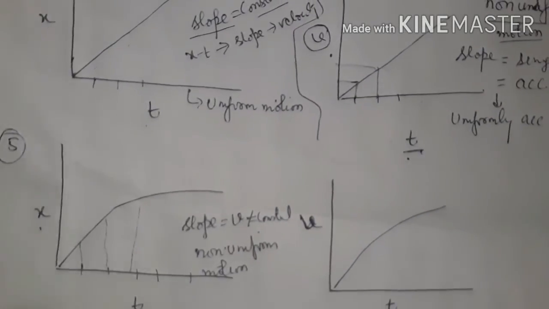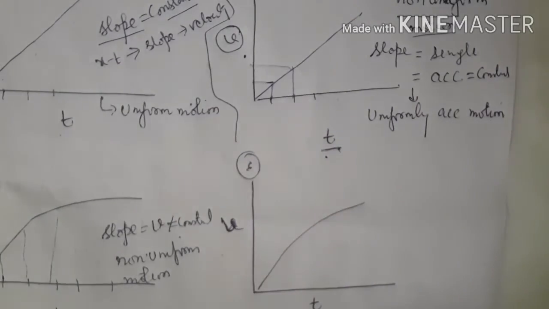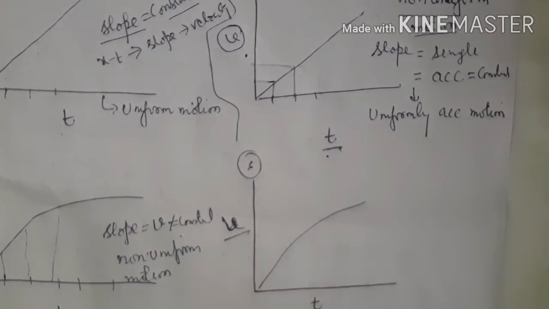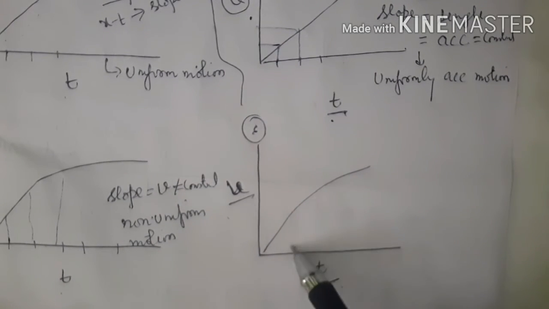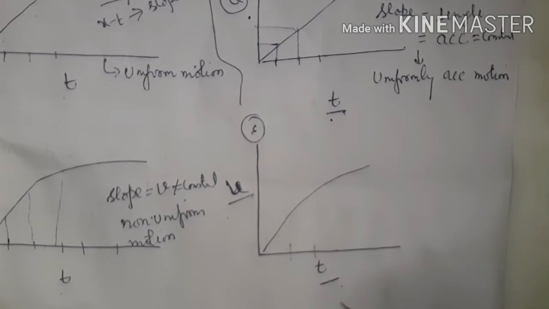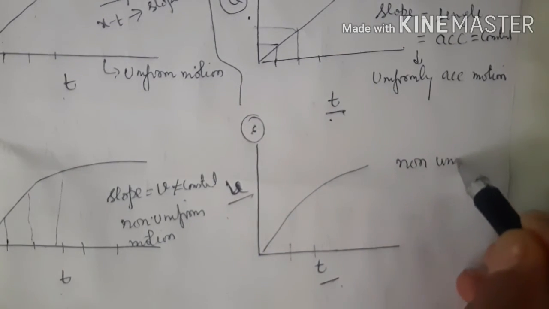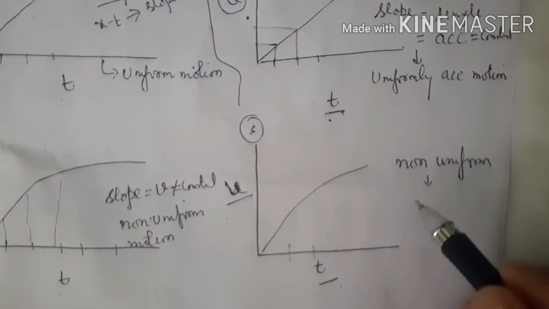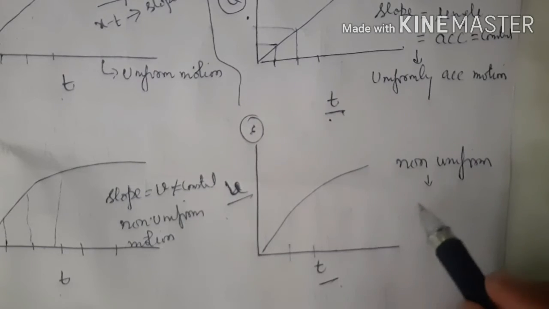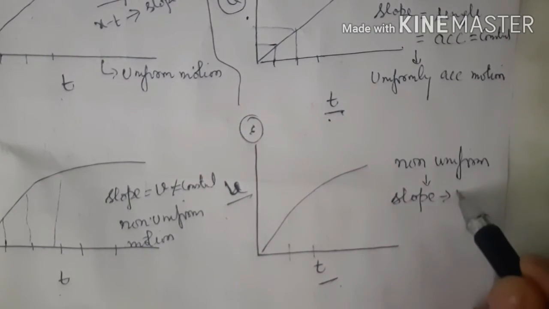The sixth graph is also a similar graph. It is a velocity-time graph. Again you see that at different times the velocity of the particle is different, so it is non-uniform motion. Further, to tell whether it is uniformly accelerated or non-uniformly accelerated, we have to study the slope, because the slope of this graph represents the acceleration.